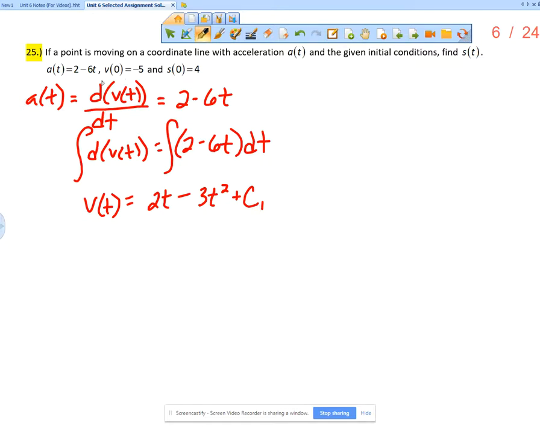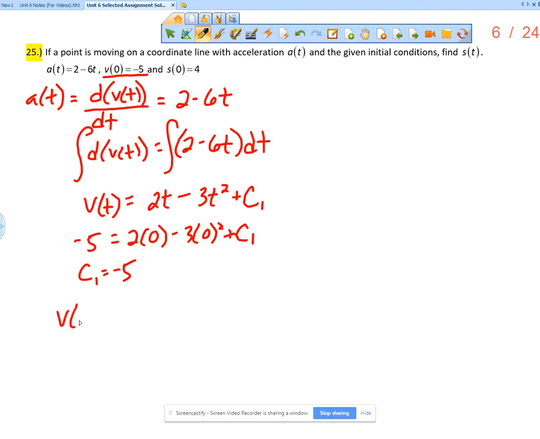Now I want to use the fact that v of 0 is negative 5. So negative 5 is equal to 2 times 0 minus 3 times 0 squared plus c sub 1. 2 times 0 is 0, minus 3 times 0 is 0, so c sub 1 equals negative 5.